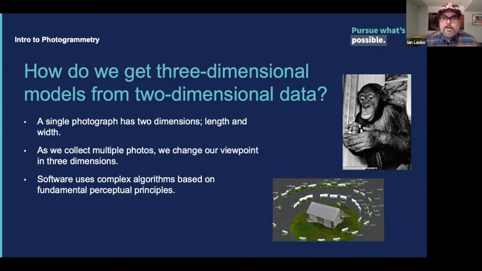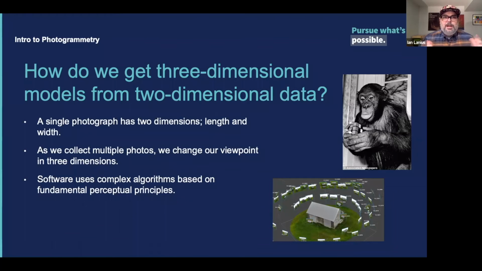And the reason why I have this chimpanzee holding a Rubik's Cube is to exemplify that the software uses really the most basic, instinctual ways that all animals experience 3D space. If you give a chimpanzee an object, or in fact, if you give a human an object, the first thing they'll do is move it around in their hands to see it from all angles.